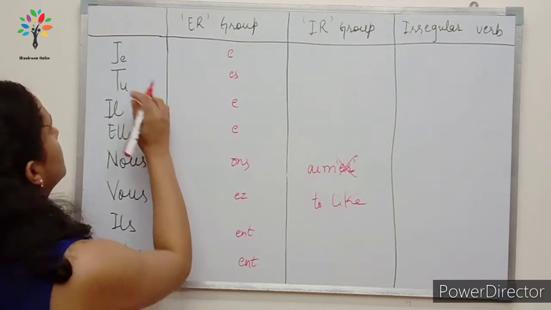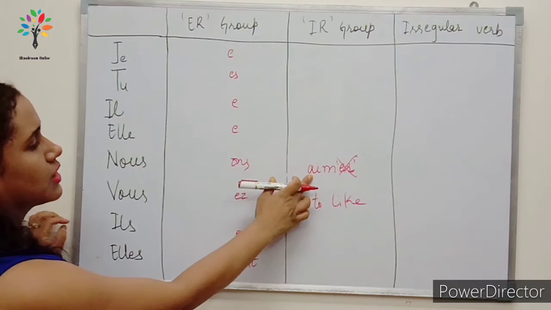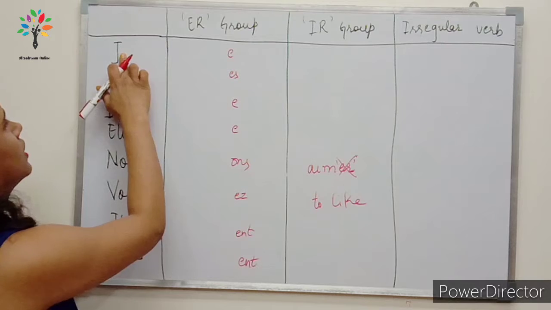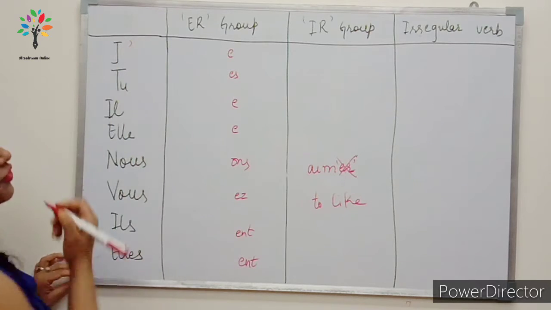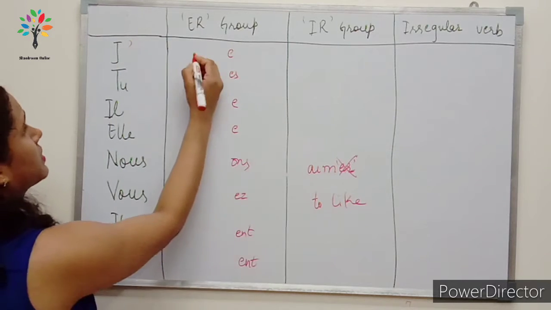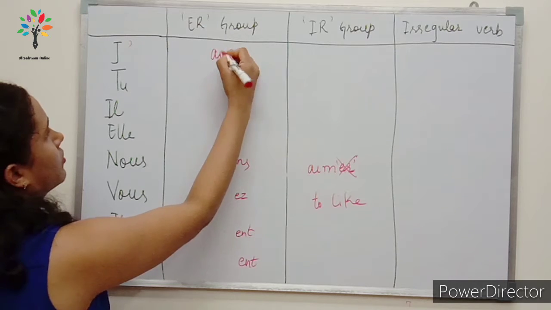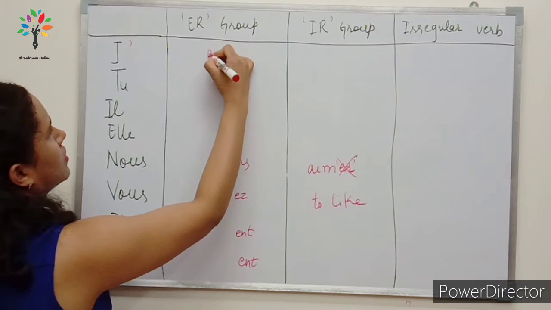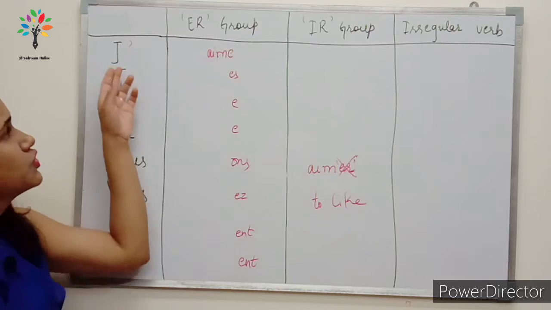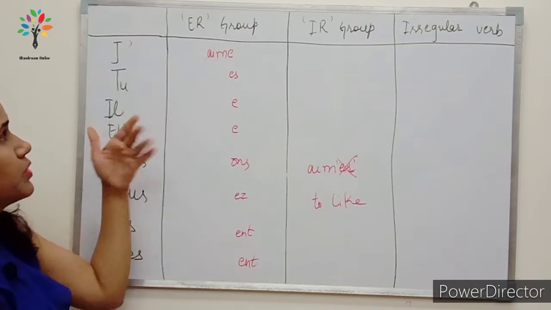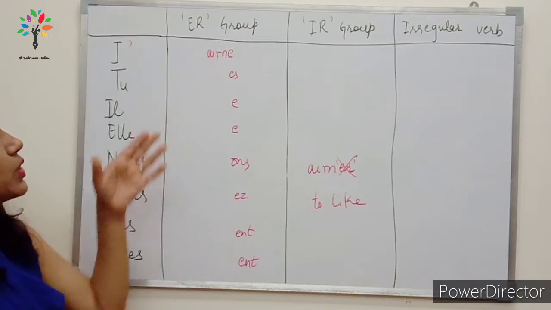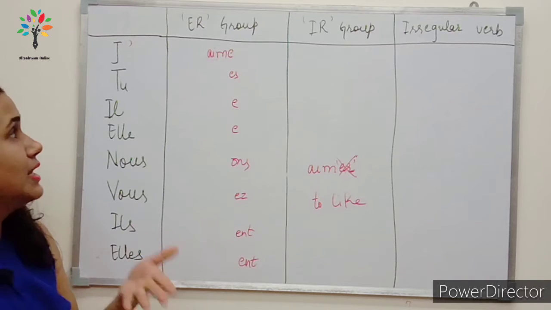So it becomes, because this is starting with a vowel and here also, I will put an apostrophe. It becomes j'aime when you pronounce these two words together, I like.